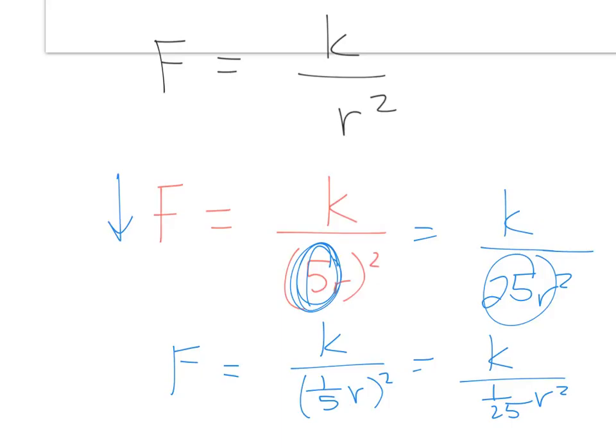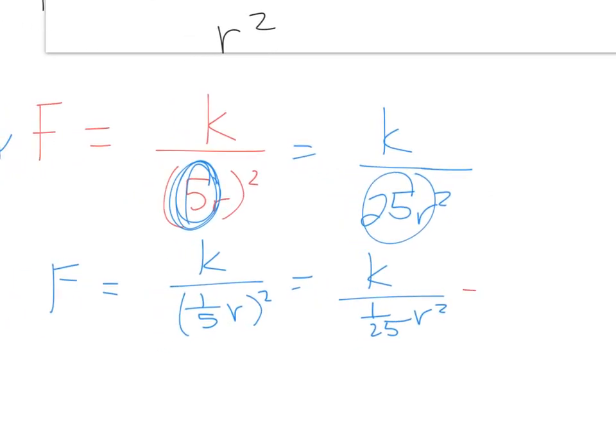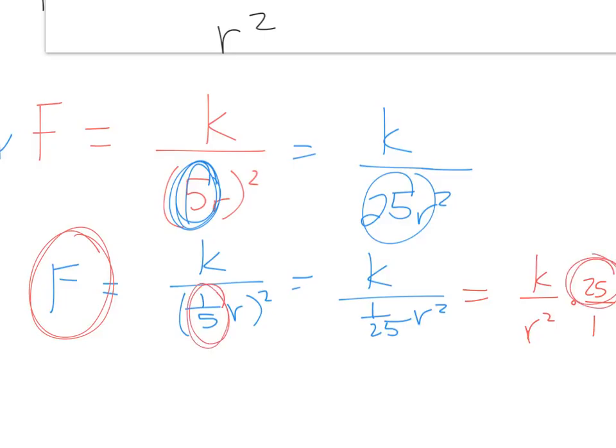When you divide by a fraction, what are you really doing? You're multiplying by the reciprocal of the fraction. Exactly, you're multiplying by the reciprocal. So this would in turn really be just K over R squared times 25 over 1. So as a result, the force increases by a factor of 25 when the distance gets cut into fifths. So those are indirectly related.